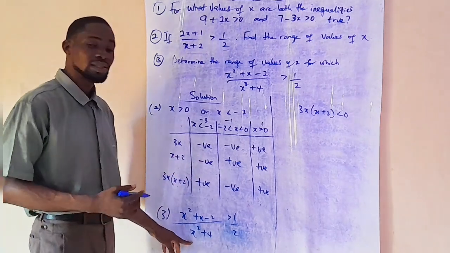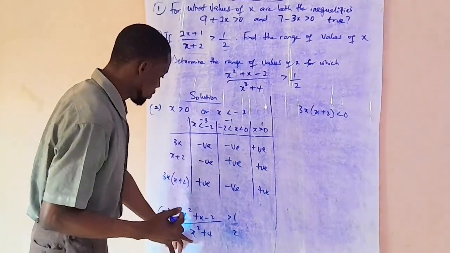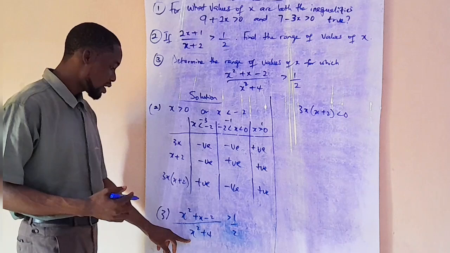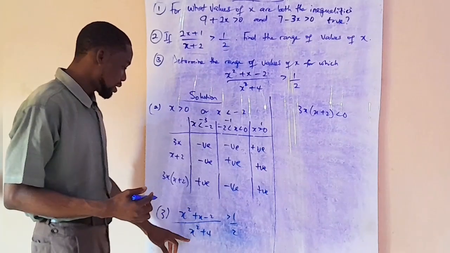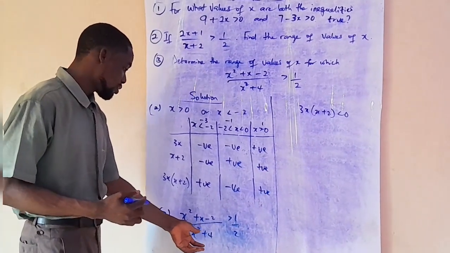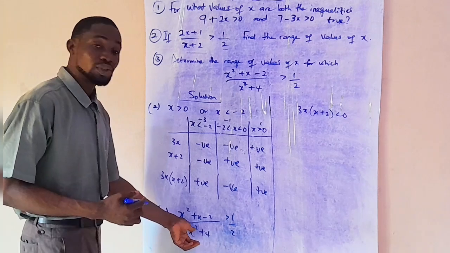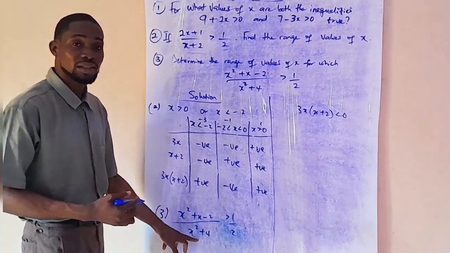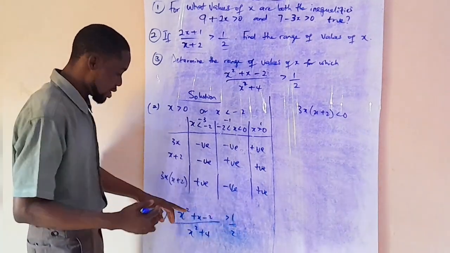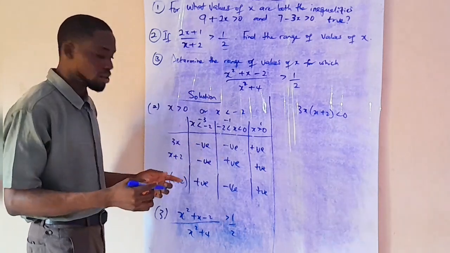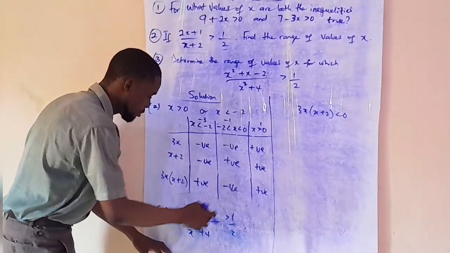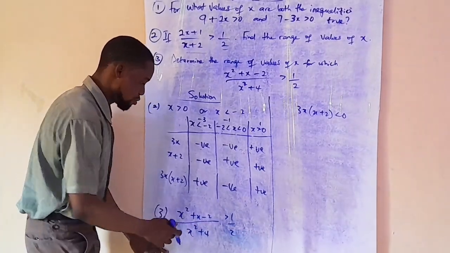Like a factor. Now, since x squared is positive because of the square and is having a positive sign, I don't need to multiply both sides by x squared plus 4 all squared. So I'll just multiply both sides by x squared plus 4.